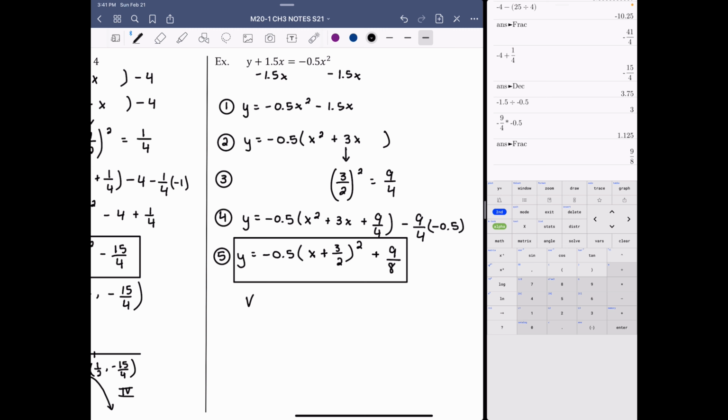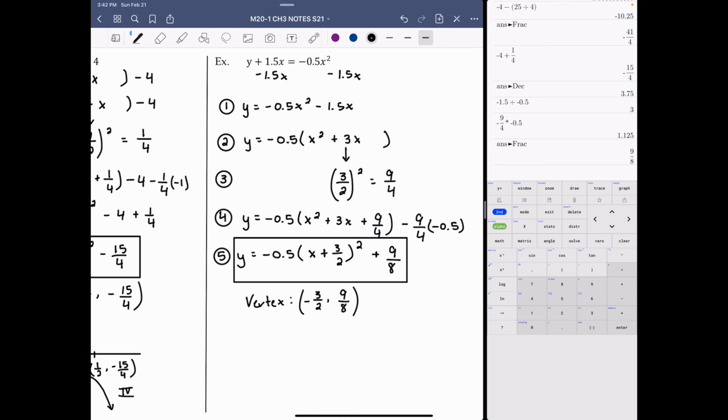Our vertex is at x would be negative 3 over 2, since it's x plus 3 over 2 in the equation, and y would be 9 over 8. We have a negative a value, which means the graph opens down, and we have a y-intercept at 0, since c equals 0.